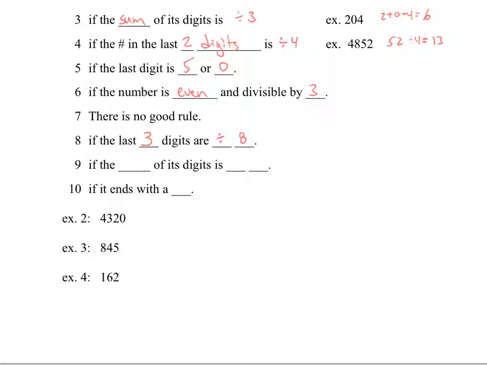I could say like 56,856. The last 3 numbers are 8, 5, and 6. And we can divide 8 by 8 and 56 by 8. So that works then.